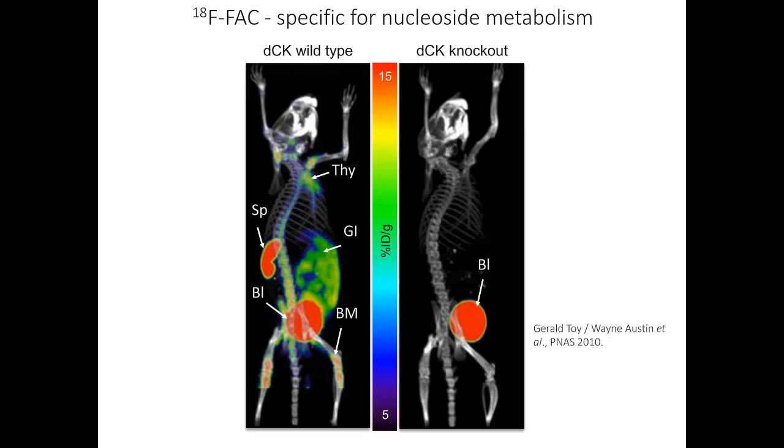If you also look at the DCK wild-type mouse, you can see that nucleoside metabolism is very high in immune organs, the bone marrow, the spleen, the thymus. And so this suggests that this tracer can allow you to measure the function of different immune cells, or the presence of different immune cells and their function.